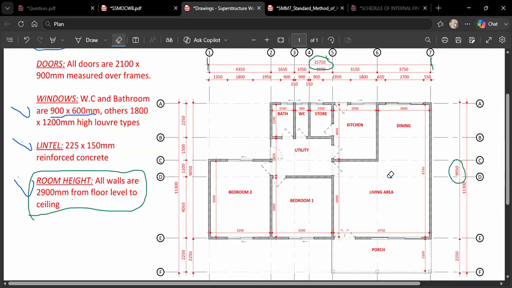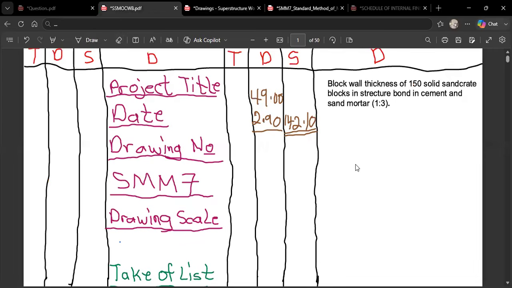If you don't deduct the windows, it means that you have included all of them, and that makes your measurement inaccurate. So we have to deduct the windows and then the doors that are in the openings of the external walls, so that we can get the actual figure.